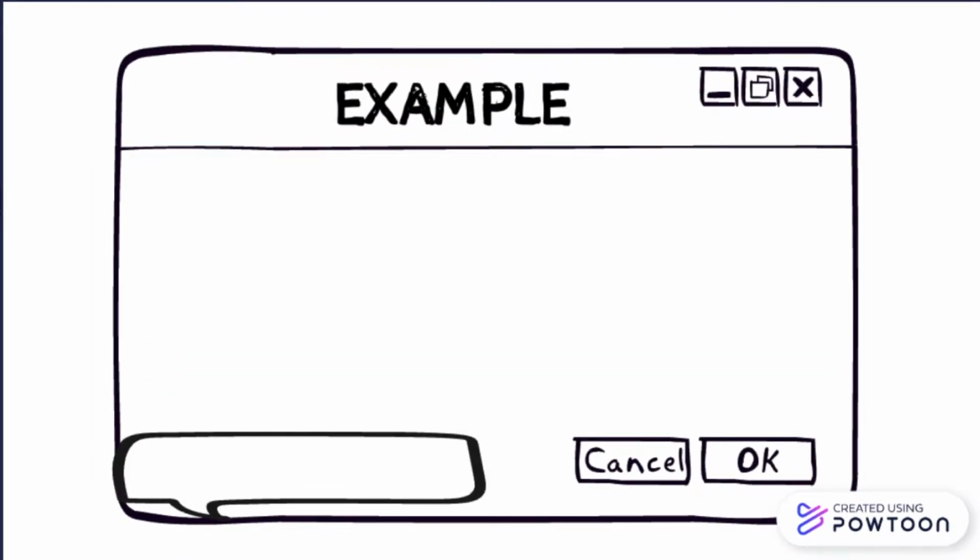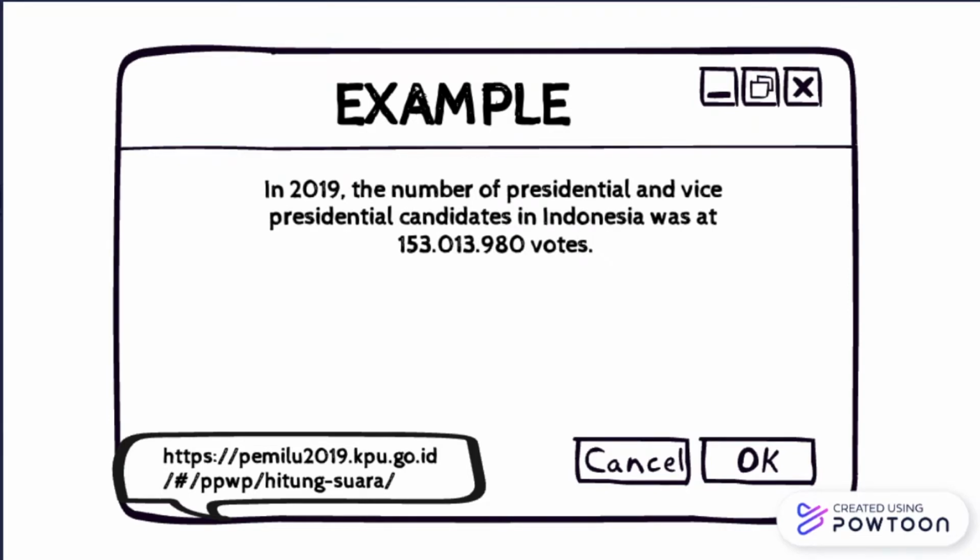For an example of the special rule of addition, based on the data from this link, pemilu2019.kpu.go.id, in 2019 the number of votes for presidential and vice presidential candidates in Indonesia was 153,013,980 votes.